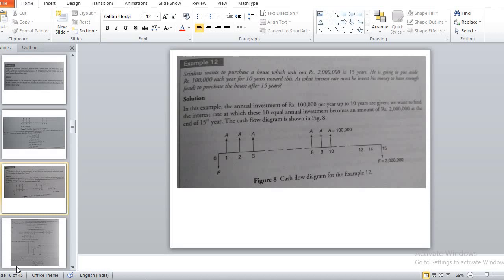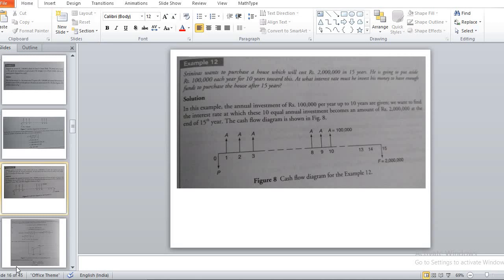Here in this example the given data is: one person, Srinivas, wants to purchase a house which costs rupees 20 lakh, in 15 years. Now he is going to put aside rupees 1 lakh each year, for 10 years, for this purpose.